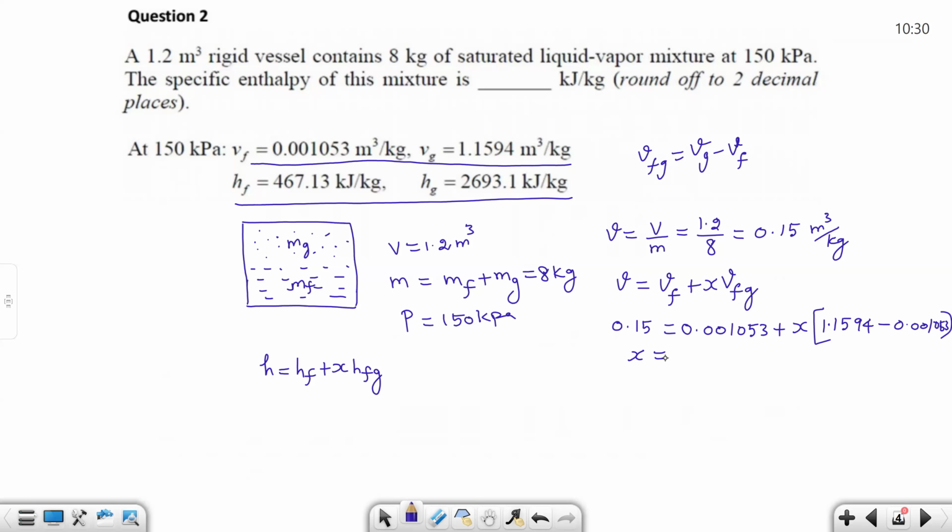So you get x, which is 0.13. This is the dryness fraction.